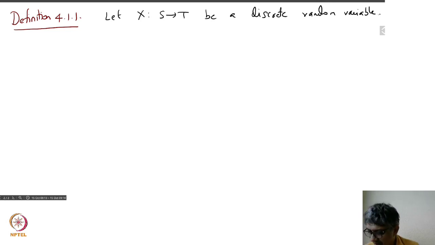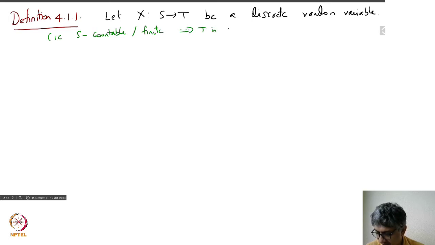So automatically I know that S is discrete, that is, S is countable or finite. So it will automatically imply that T is countable or finite.